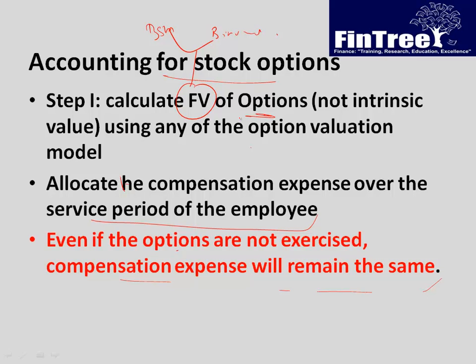See, options not being exercised means probably these are not so beneficial, and if these are not so beneficial, automatically the fair value that you would calculate would turn out to be very low. So that effect is automatically captured in that. But from an accounting perspective, if you are issuing options to your employees, then you would give him that benefit that he would exercise it. So that benefit you need to expense out over the period of 4 to 5 years, or whatever is the service period for which you are allowing him to exercise it. So you don't reverse that effect, that remains.